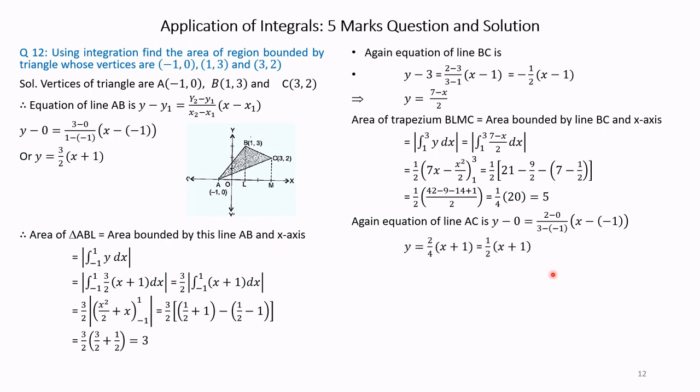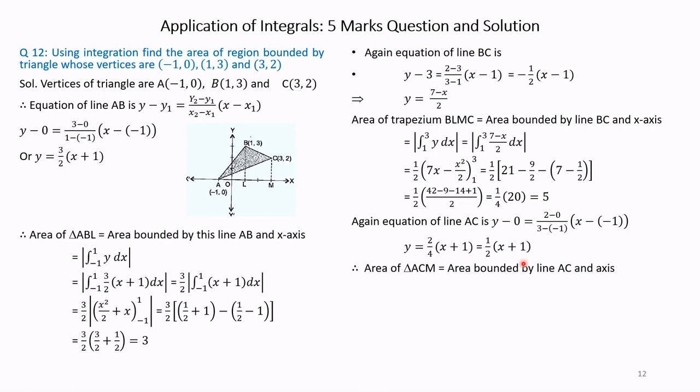Therefore, that becomes y equals 2 by 4, that is minus into minus is plus, 2 by 4 denominator into (x plus 1). Simplifying, we get it as 1 by 2 into (x plus 1).